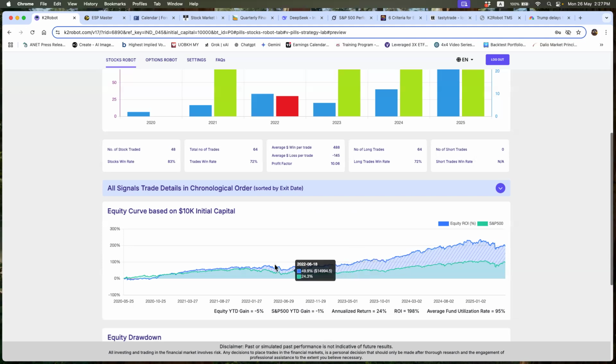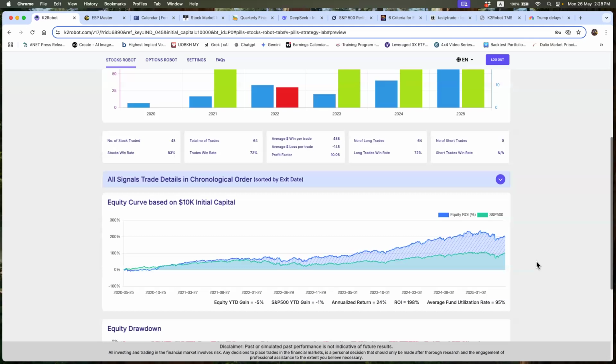This is similar to 2022 during the March period. You can see from 76%, it dropped until 51.8%. So this is the losing period, which is the drawdown. So not too bad. This robot actually performed quite decent, but let us see how we can improve it.